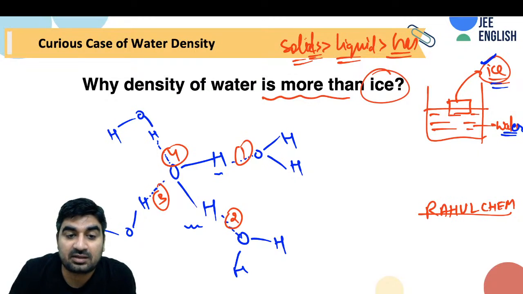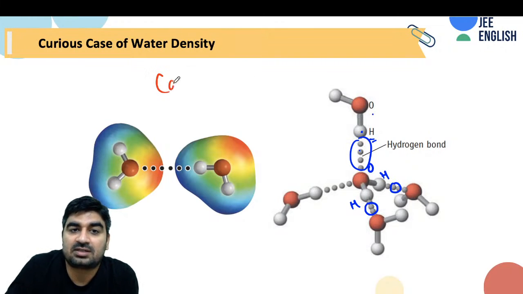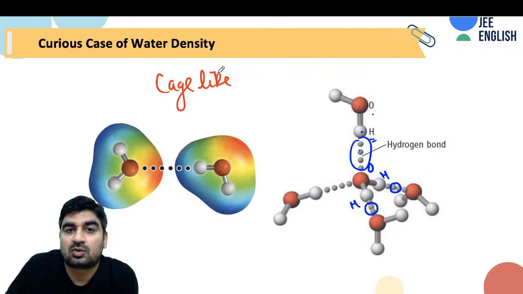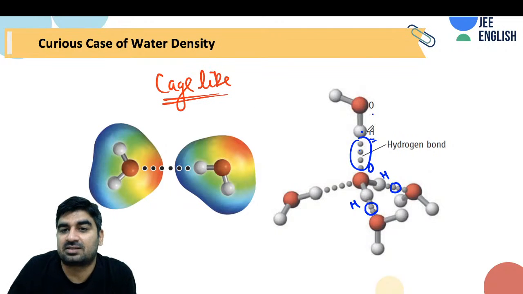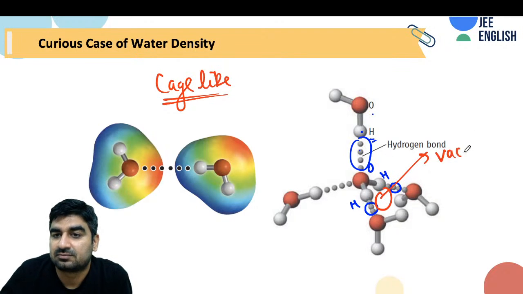So guys, when it makes this, a cage-like structure will be formed. It will go on and on. When we are making a cage-like structure, there will be vacant spaces here.